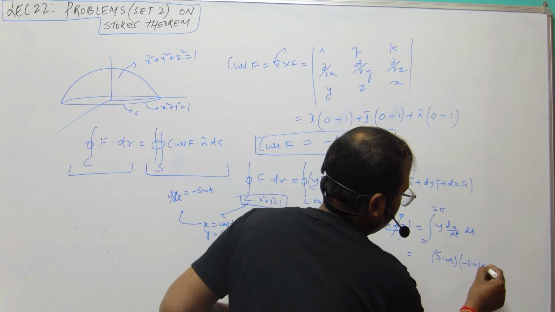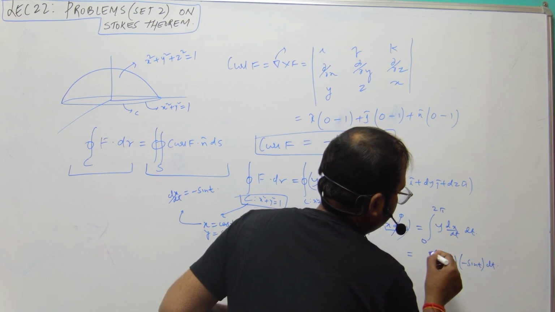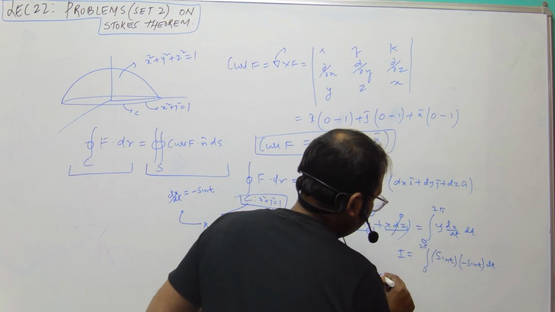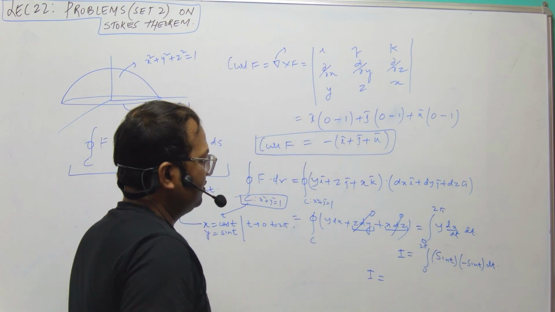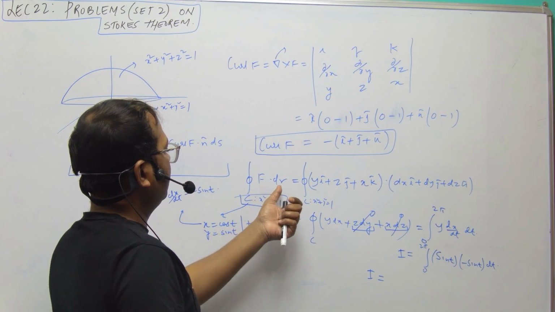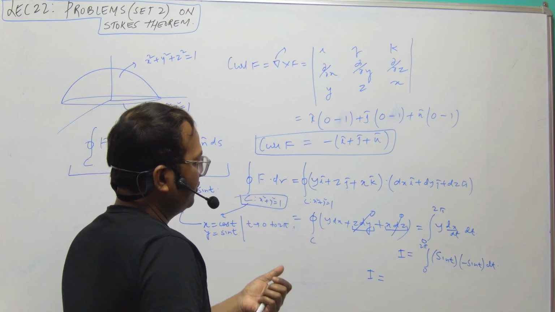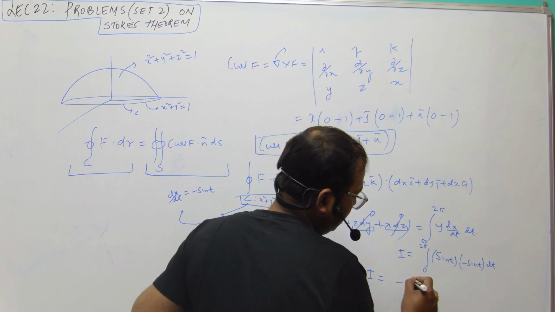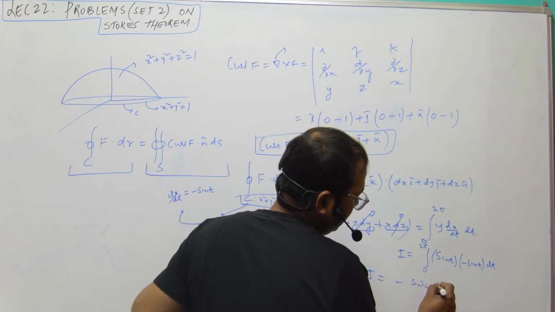Minus sin t into dt, from 0 to 2 pi. This is the value of I. We have taken this f dot dr along the curve C as I. So let us find the value of I. This is minus sin square t dt from 0 to 2 pi.